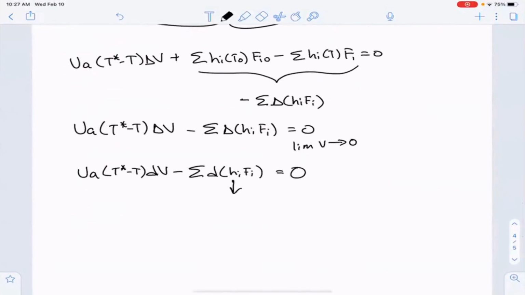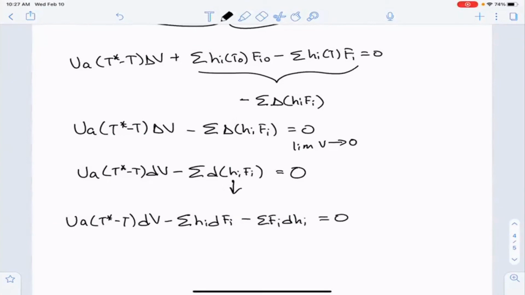And we can use the chain rule for this. And when we do that, that's UA times T star minus T dV minus the sum of Hi dFi minus the sum of Fi dHi is equal to 0.